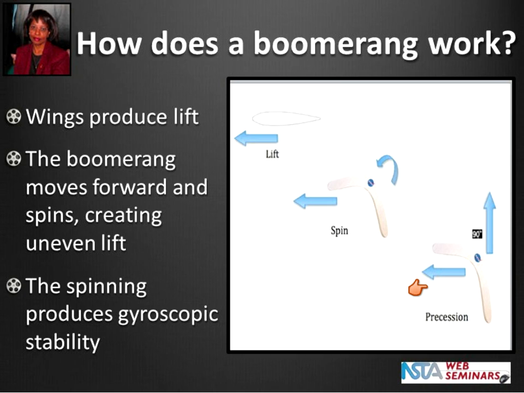So if you use gyroscopes as examples, or use yo-yos or tops in your classrooms, that could be another example for that. Centripetal force is also used when you're explaining boomerangs, because centripetal force gives the boomerang stability as well. So a boomerang has gyroscopic precession and also centripetal force, trying to keep it in a straight line.